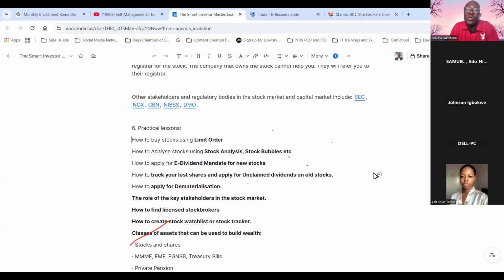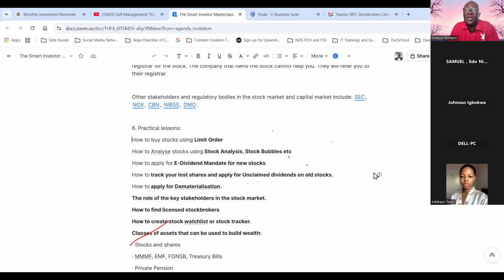So if you are not already using Stock Analysis or a similar tool like Stock Bubbles, I will encourage you to find a tool that you can use, because buying stocks is not just buy it and leave it there. You have to manage your portfolio properly. You have to know why you bought each stock that you have. If somebody is telling you there is Aradel, there is Seplat, how do you decide which one you are going to buy?